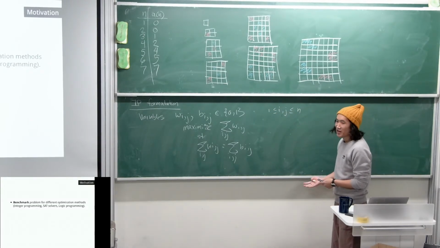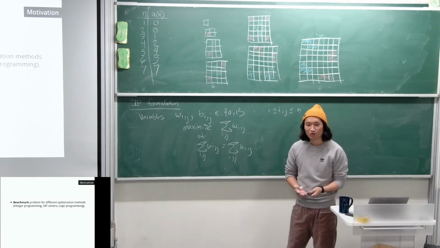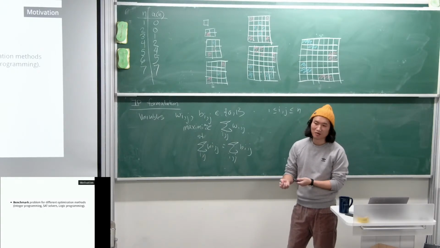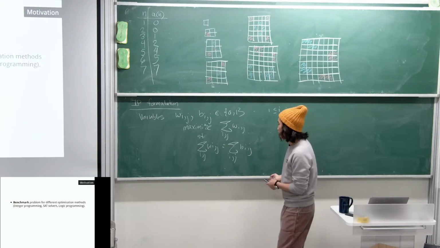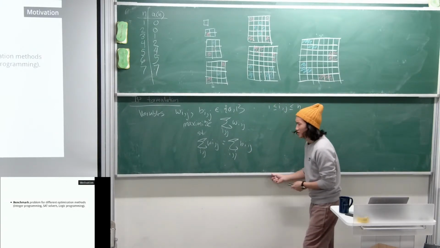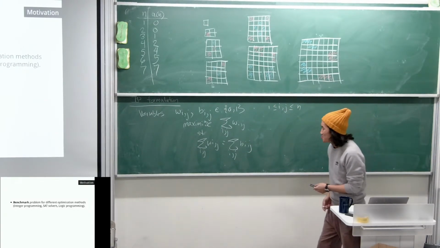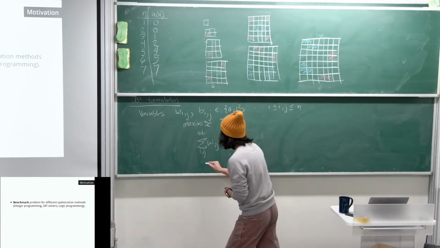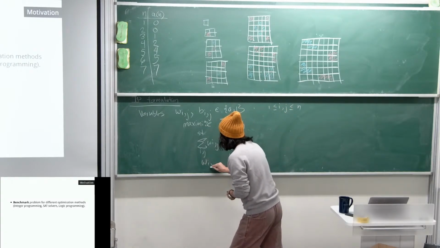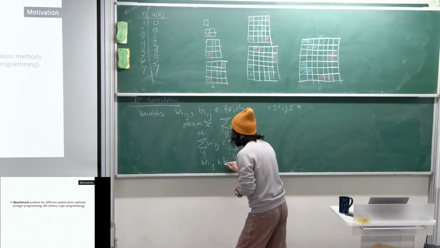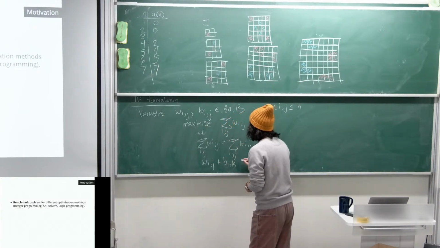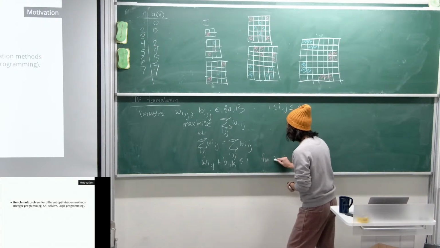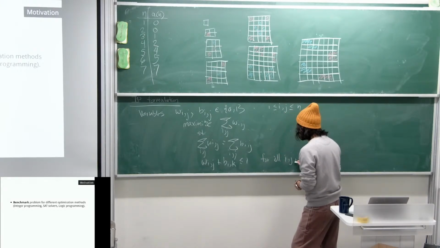And then you want to write out constraints that encode that you cannot have a white queen and a black queen in the same row, for example, right? So maybe I won't write out all of them, but one of the constraints would be that w_ij plus b_ik should be less than or equal to 1, for all i, j, and k.